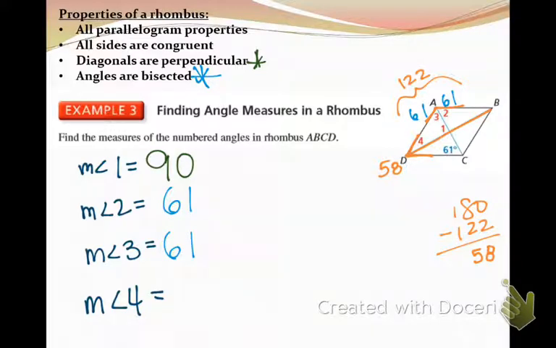So that's not the answer, though. That means all of angle D is 58. Think about it. Angle D is bisected, which means it's cut in half. So how could I find what the left half of the angle equals? Divided by 2. So we're going to get 29.